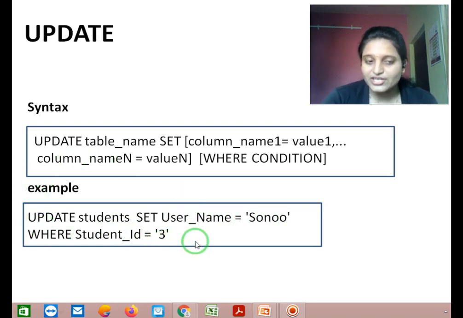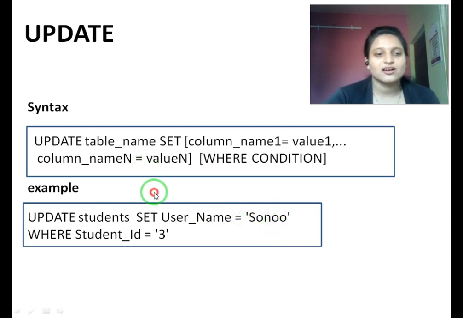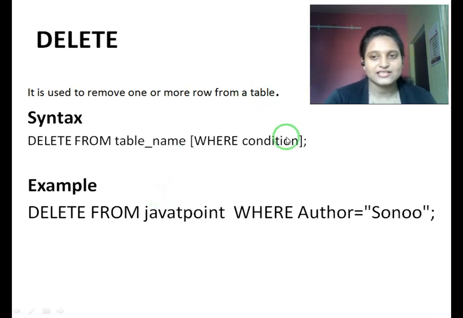From this query, I understood that for the student ID 3, I change the username to this string value SONOO. So for the student ID 3, I change the username and set the username value to this value. This way, the update command is used in the SQL language.